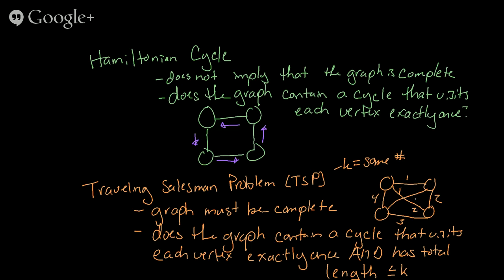And then, let me change my color here. Let's say my k equals 6. I'm just picking some number at random to see if I can do it. If I start here and I go here and I go here and I have to go here and then I go here, does that total length, is it less than or equal to 6?